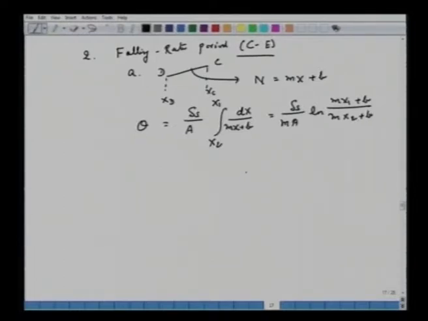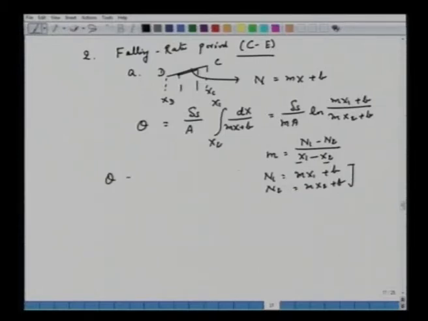Alright, you must realize that this m is the slope of the curve. So for any two points, it is (N1 minus N2) over (X1 minus X2). Mind you, this X1 and X2 we are talking of are in here. So now we are trying to integrate between these. N1 is nothing but mX1 plus b, N2 is nothing but mX2 plus b. Alright, you can just put it there.